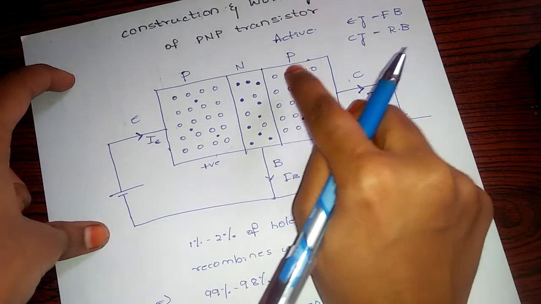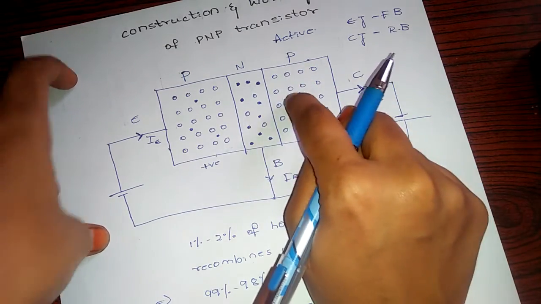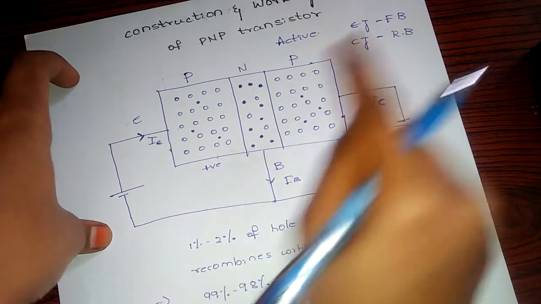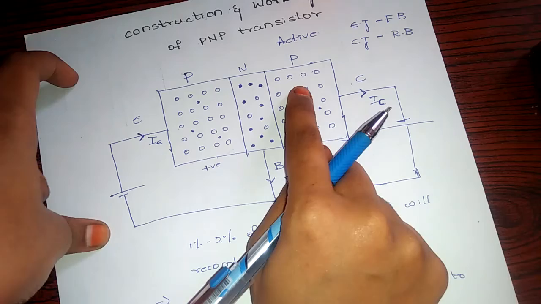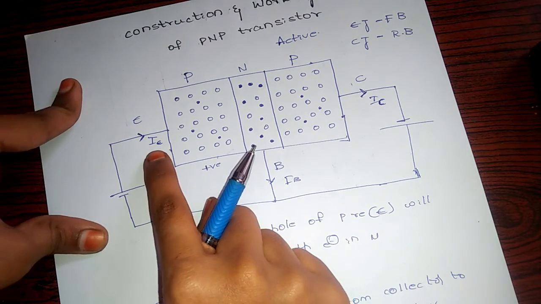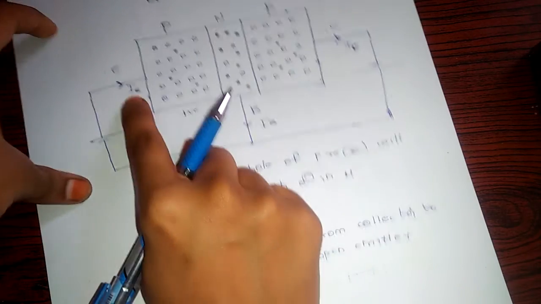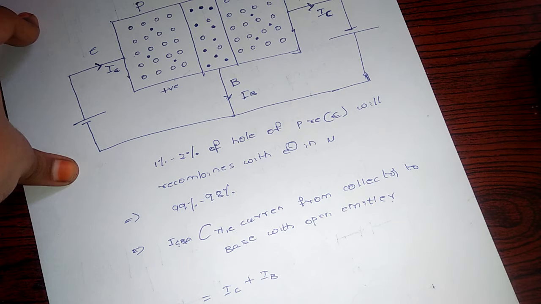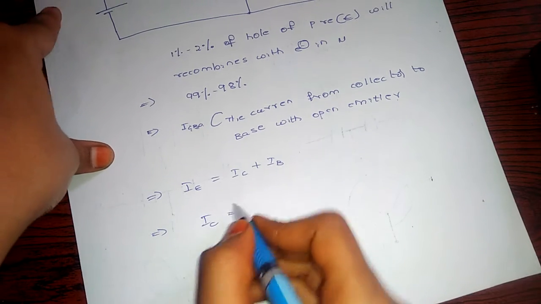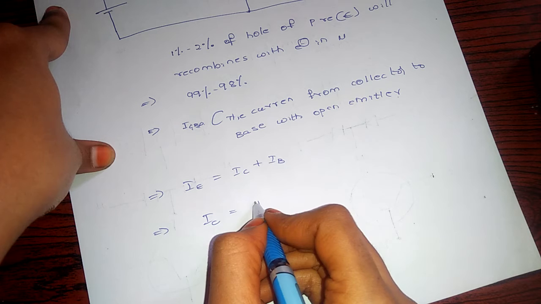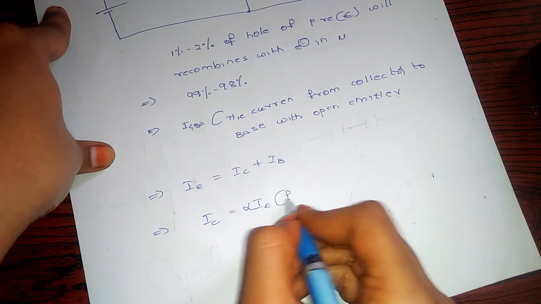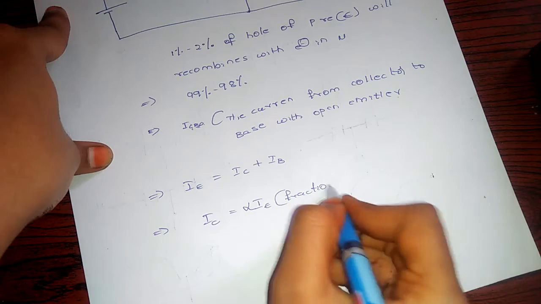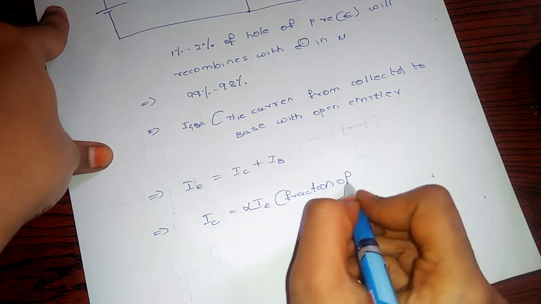You know, the current in the collector region is of two types, because a fraction of this current will be with the emitter. So the IC current can be called a fraction of IE current, and another current is also flowing.